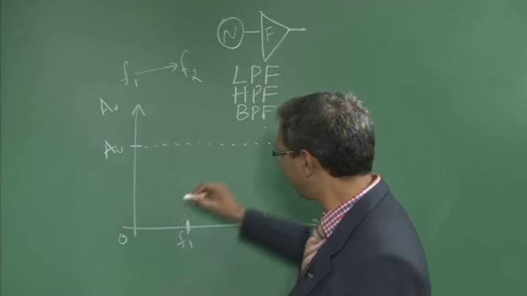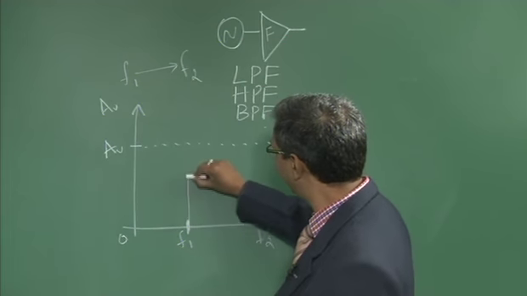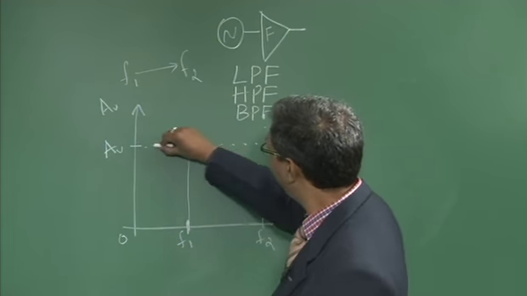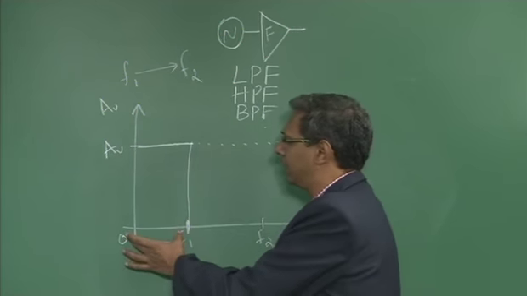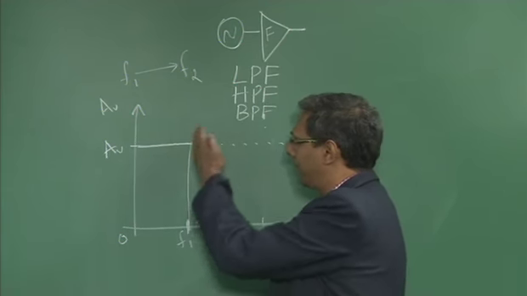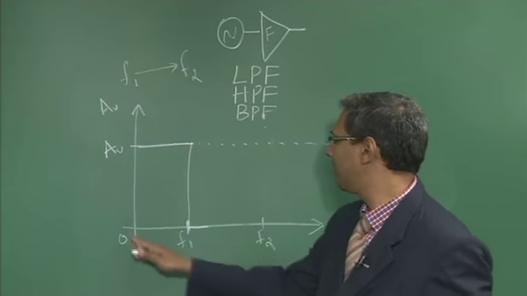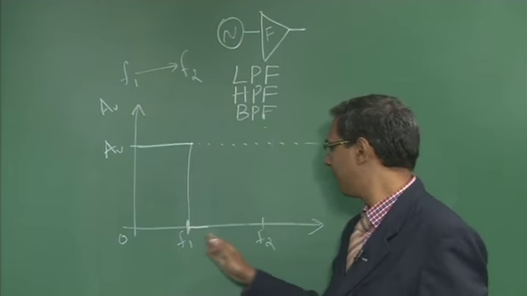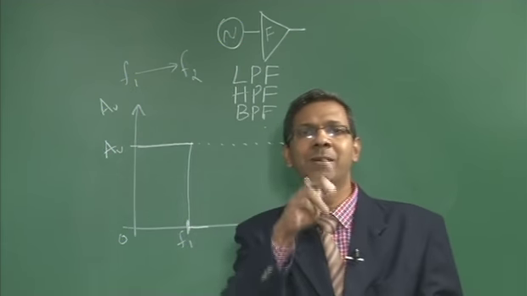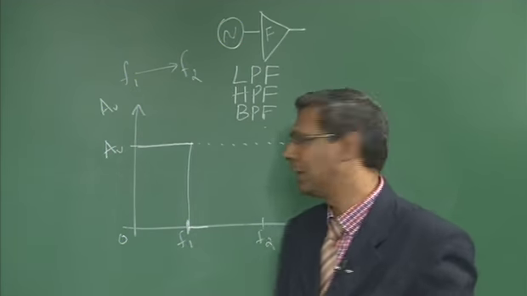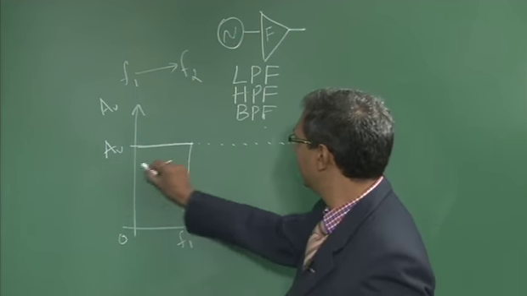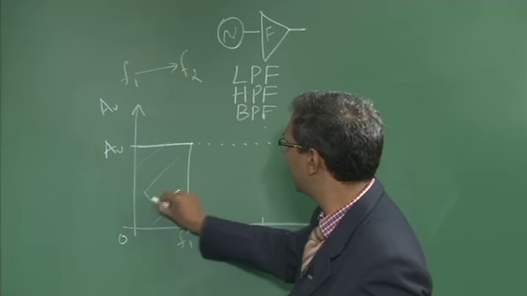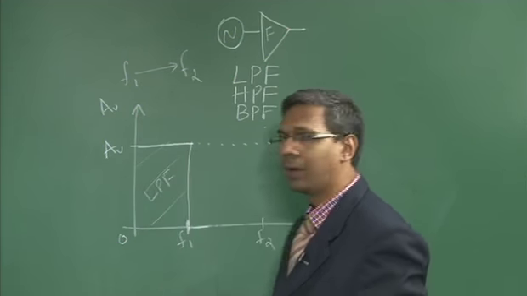If it is an ideal filter, it will amplify all the signals which fall in the frequency range from 0 to f1, but any signals which come beyond f1, it simply amplifies by a gain of 0, means what? It does not pass it. So this is called a low pass. I am only passing the low frequency. So this entire range now becomes a low pass filter.